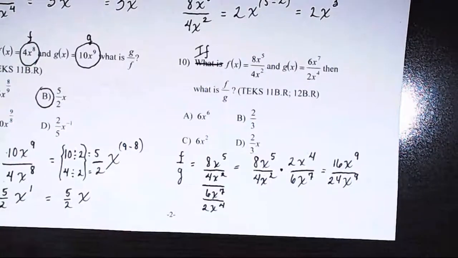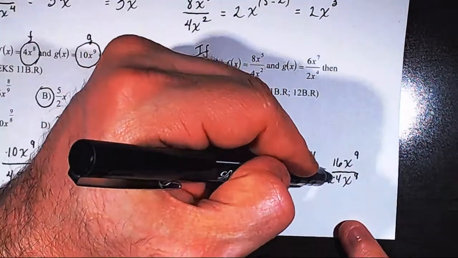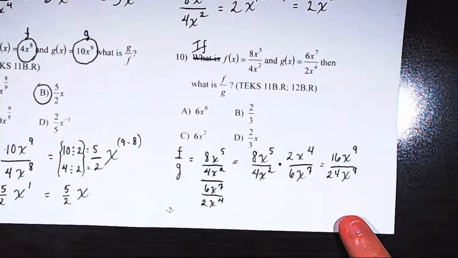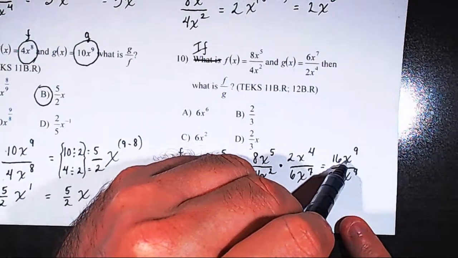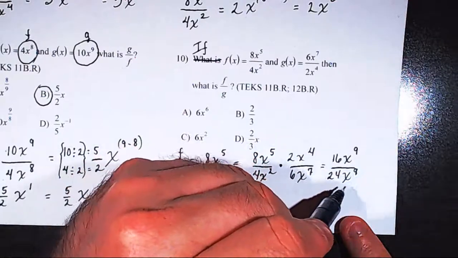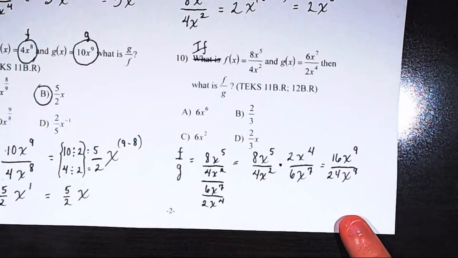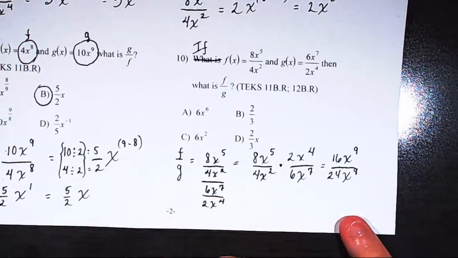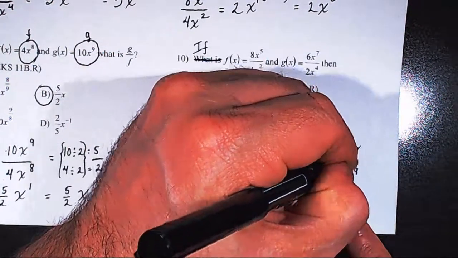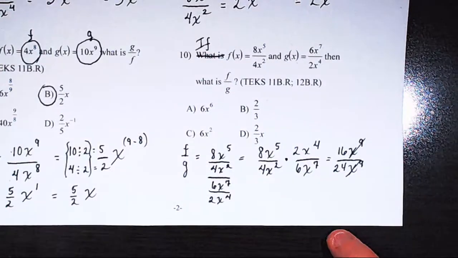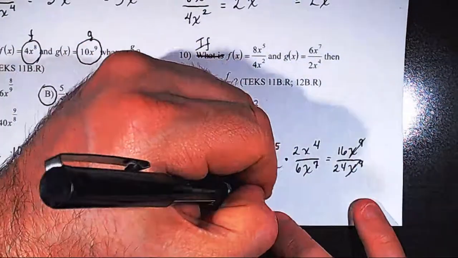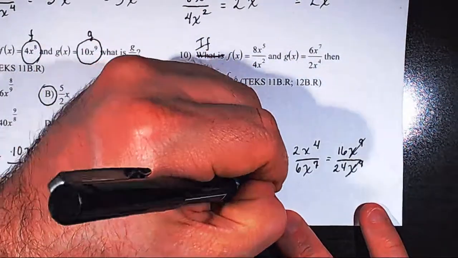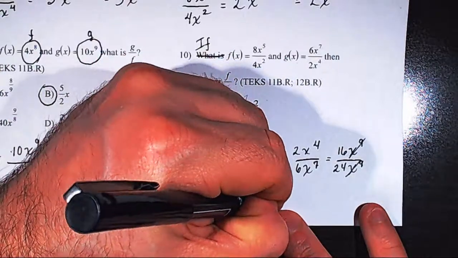Now here's the key. We have 16 over 24, and then you have x raised to the 9th power and x raised to the 9th power. Anything divided by itself is 1. So as a matter of fact, we can actually cancel these out. And that's really the key in this problem. So we're going to rewrite this: it all equals 16 over 24.